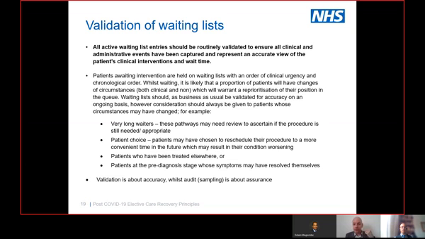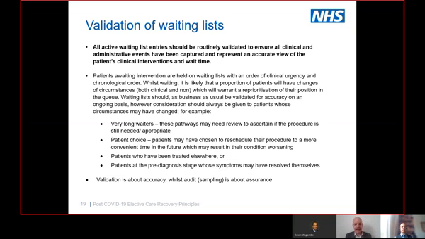Okay, we've got some thoughts there about the validation of waiting lists, and the principle that exists is all active waiting list entries should be routinely validated to ensure all clinical and administrative events have been captured and represent an accurate operational view of the patient's waiting time and status.